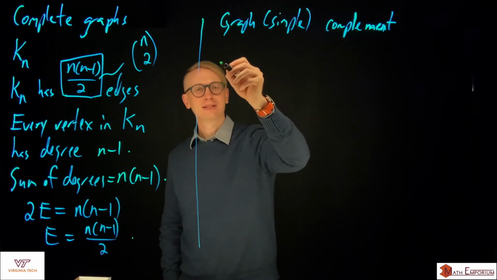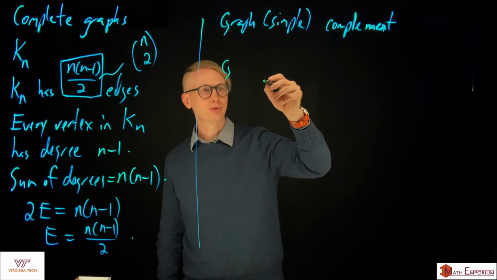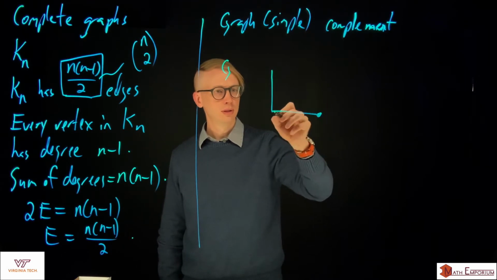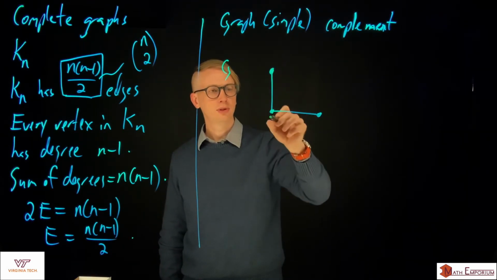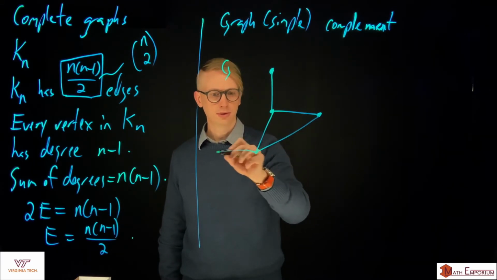Let's look at a graph G and take its complement. It's a pretty straightforward procedure. My graph is going to look like this.